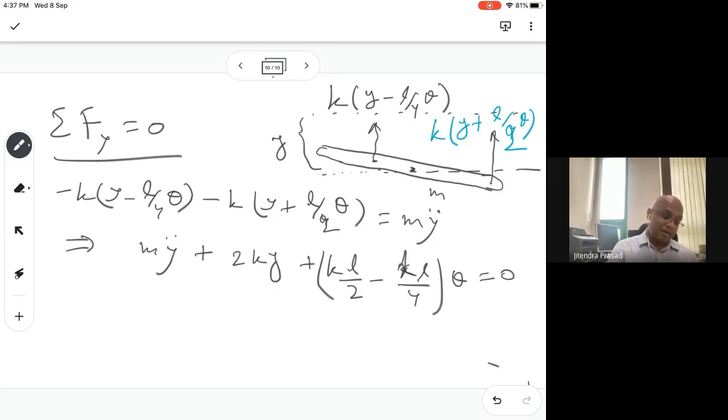Now the second one will be a summation of moments about C is equal to not 0. Okay guys, here this is not 0 but m y double dot.